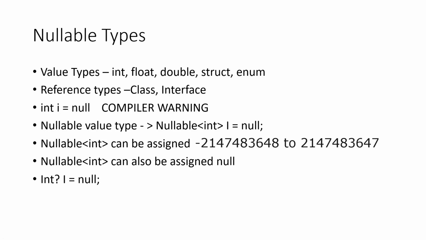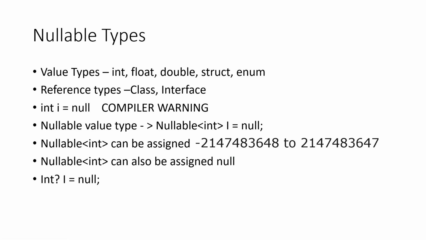The nullable int will represent the range of values that an int originally did, so these are the values that you can assign to an int anyway. But it will also represent an additional value, that being null.